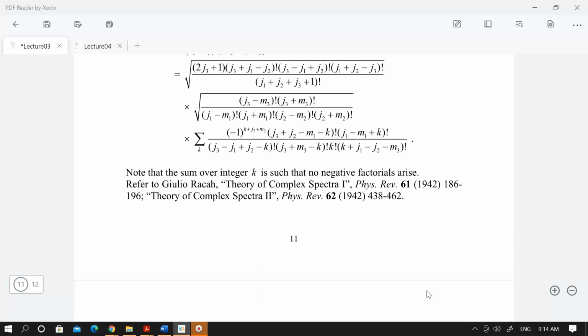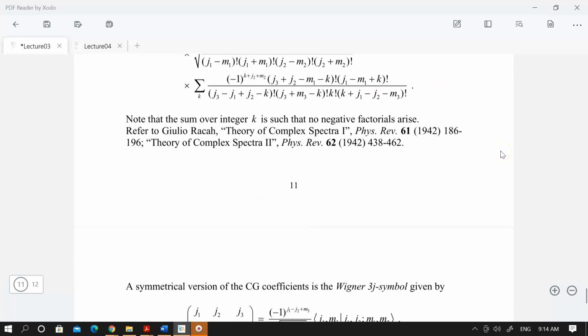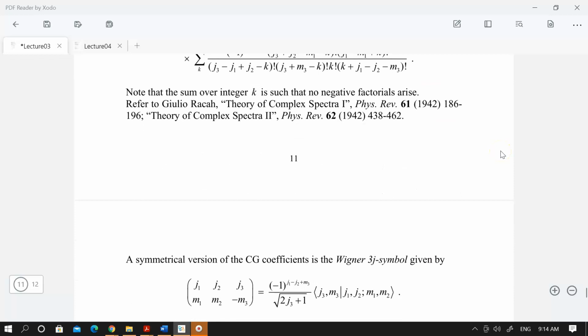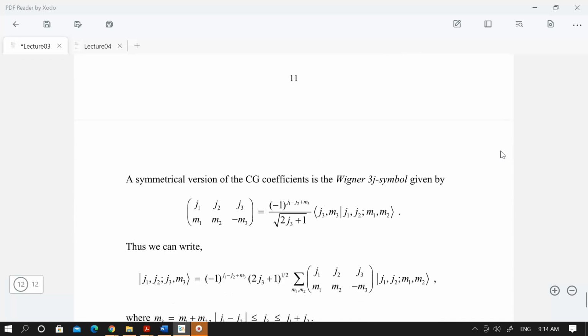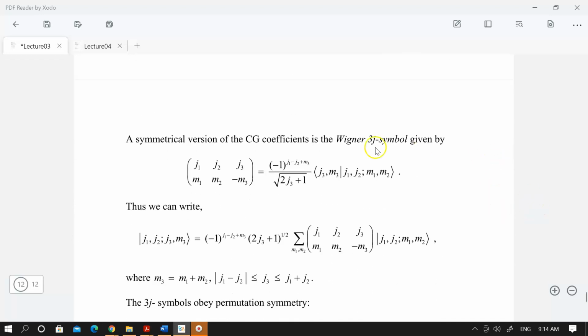So I will probably not ask you how to prove this, but it's supposed to be provable. One of the things that people do is to define this Wigner 3J symbol, which is related to the Clebsch-Gordan coefficient here.